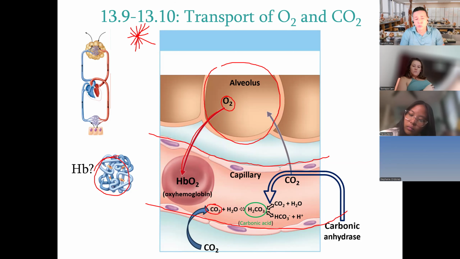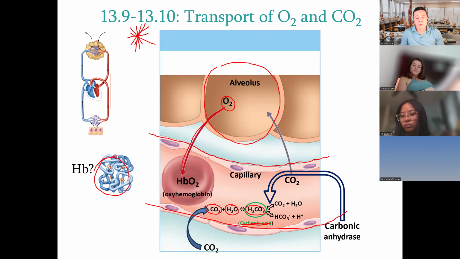The CO2 does not travel in our blood as CO2. As soon as CO2 comes into our blood, guys, the CO2 is going to combine with water, H2O, in the blood, and is going to form a chemical called H2CO3 right here, which is carbonic acid.